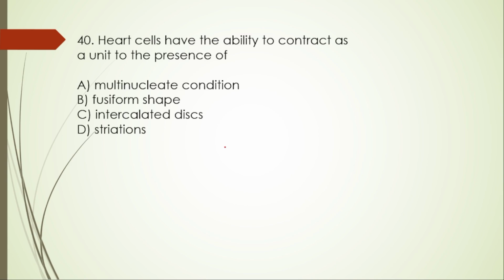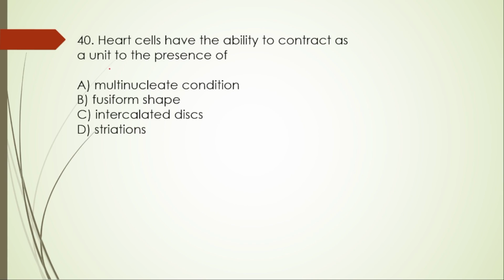Next, 40th question. Heart cells have the ability to contract as a unit due to the presence of a specialized disc, which is called as what? Intercalated disc. Options: multinucleated condition, fusiform shape, intercalated disc, and then striations.